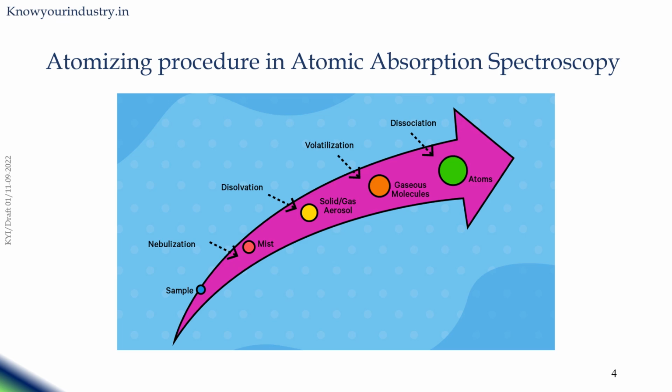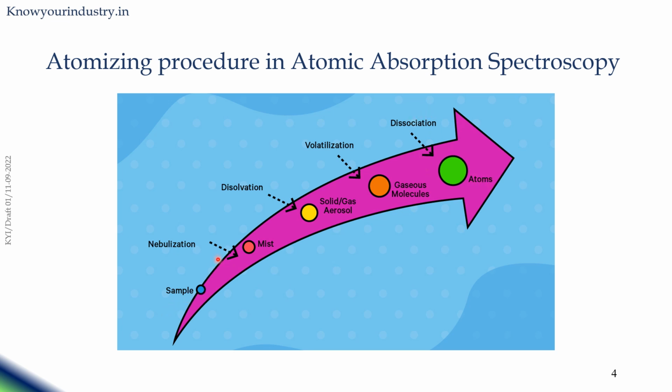In this slide, we are seeing the atomization process happening in atomic absorption spectroscopy, schematically. Here the sample is kept and it is nebulized and forms a mist. Subsequently, dissolution will happen, and with the solid and gas aerosol state, it gets volatilized. The volatilized gaseous molecules will get dissociated to form the atoms.